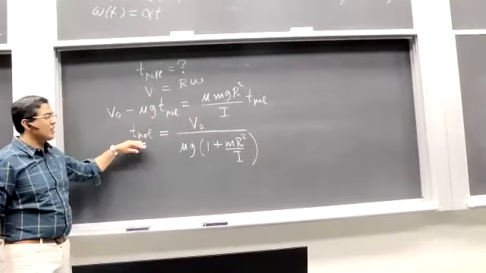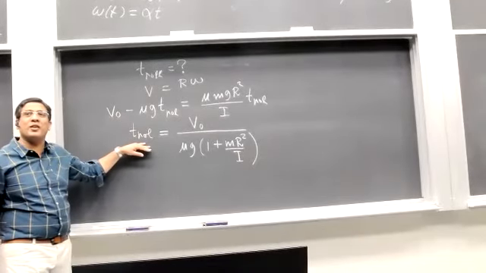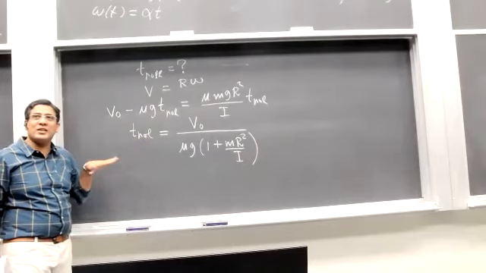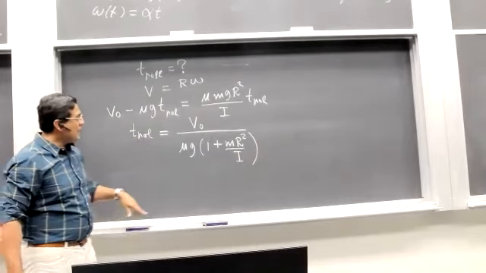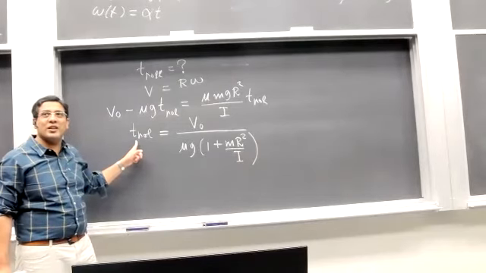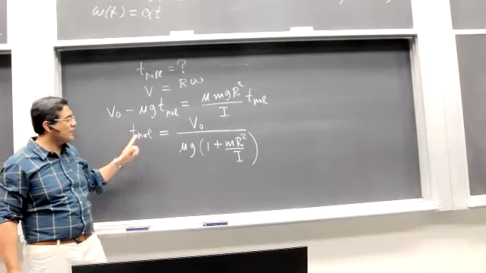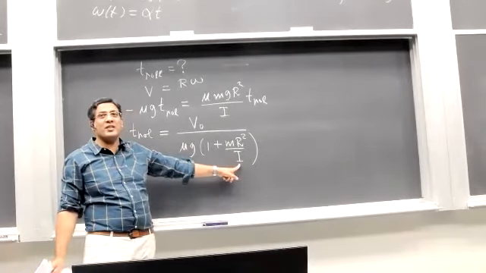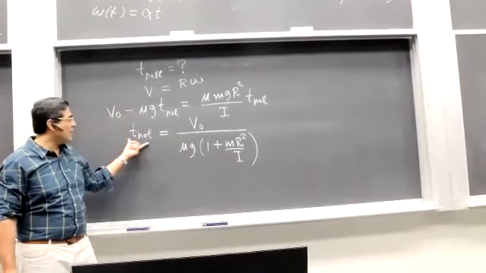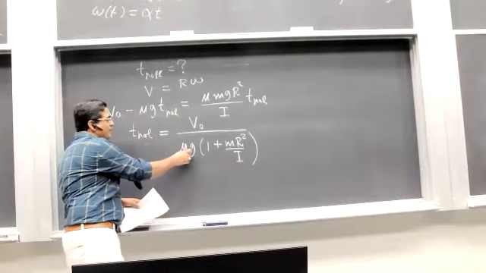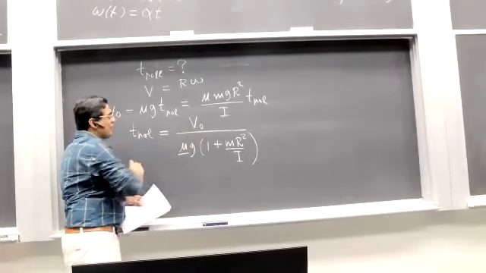It's not just true for spheres, it's also true for cylinders, as long as the surface is horizontal. You can get the T roll for different shapes, and the difference would be just the moment of inertia. So if you introduce the moment of inertia of a cylinder here, you would have the time at which the object would start rolling if you are given the coefficient of friction and the initial velocity.